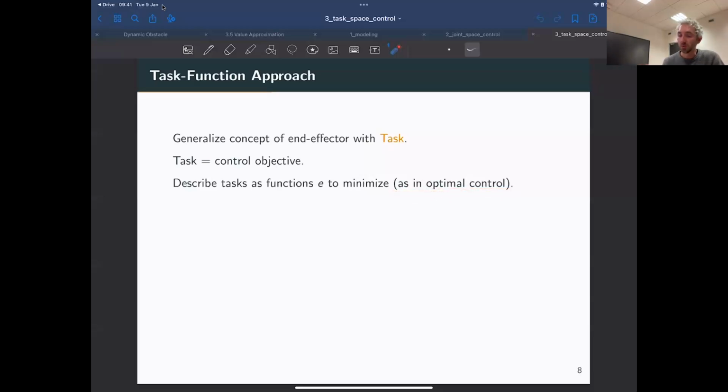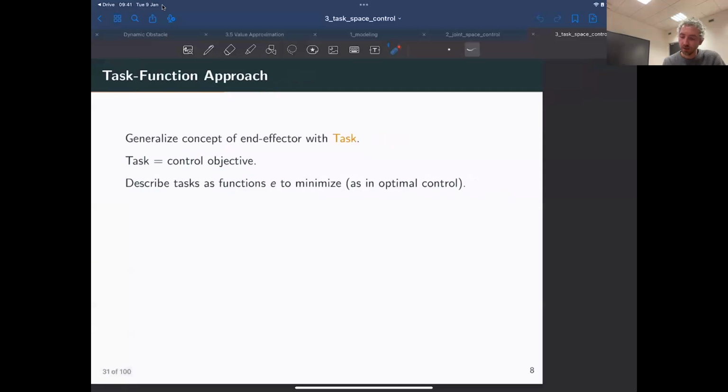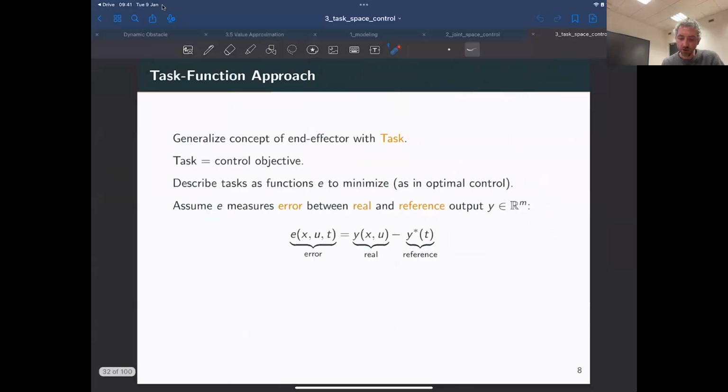So if you're familiar with optimal control, this should sound very natural. So this function E measures the error between a real and a reference output of the system. This output, we're going to call it Y. And Y can be any differentiable function of the state or the control.